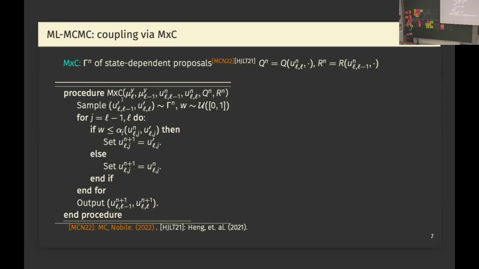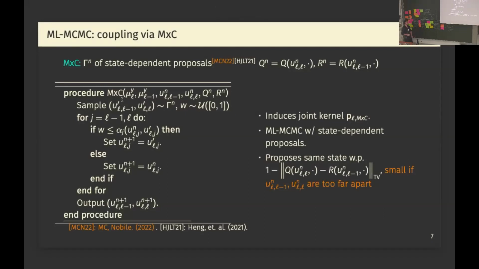Essentially, we sample this joint state from this maximal coupling gamma_n. We sample this uniform random number W from the uniform distribution on 0, 1. And again, we accept or reject each component of this joint state as the next state of each chain with the usual Metropolis accept-reject procedure, comparing with respect to the same uniform random number W.